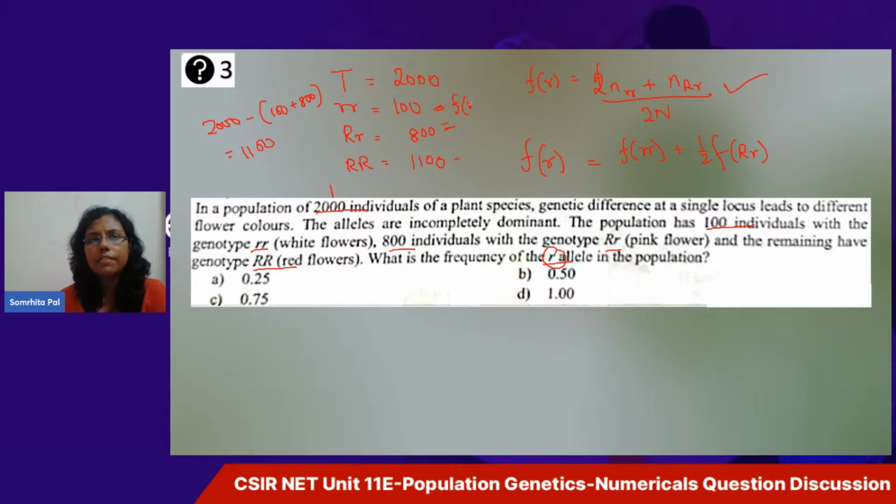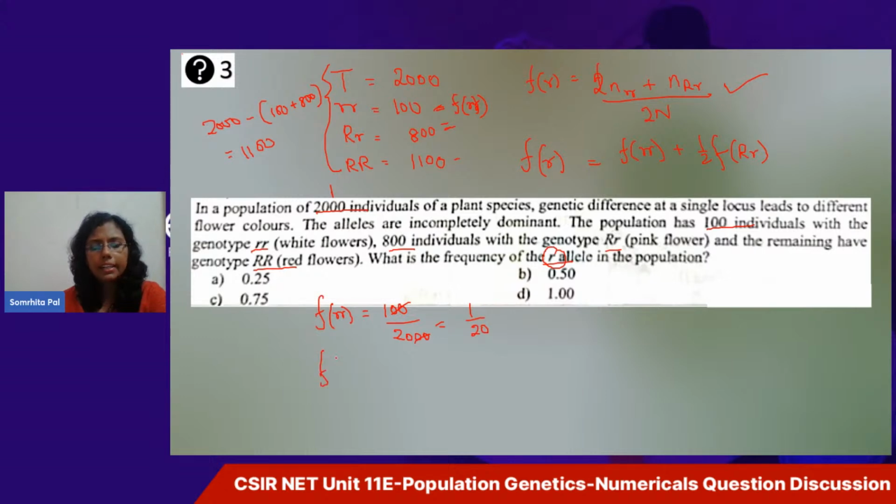So I need to convert this into frequency. From the data given, I will find the frequency of small r. It will be 100 divided by 2000, which I can simplify to 1 by 20. See, I'm simplifying the data.